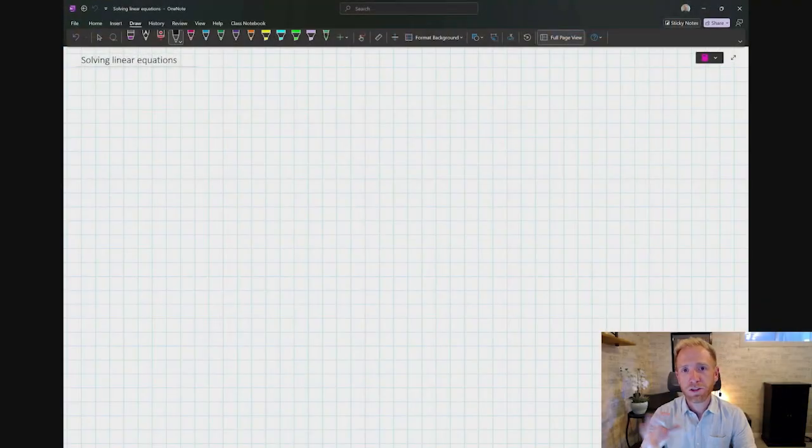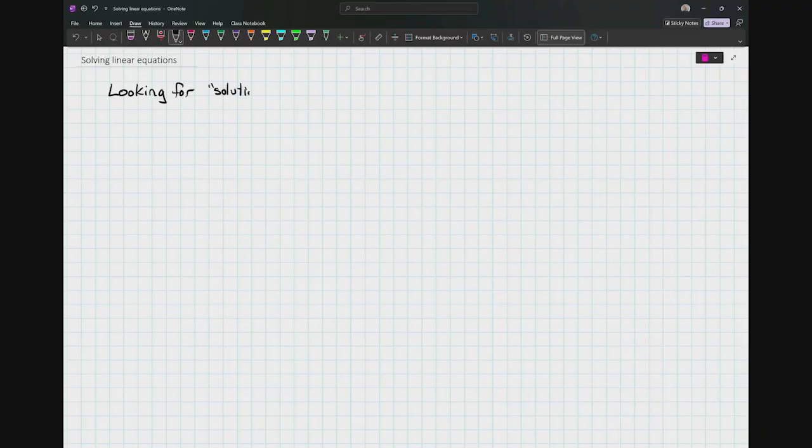Well, let's start off with linear equations because it really introduces us to a couple of the basic properties of equation solving. First of all, just remember that we are looking for solutions to an equation, or another word for a solution is a root of that equation. And we're going to be using two main properties here. Our first property that we're going to be using all the time is the addition property.